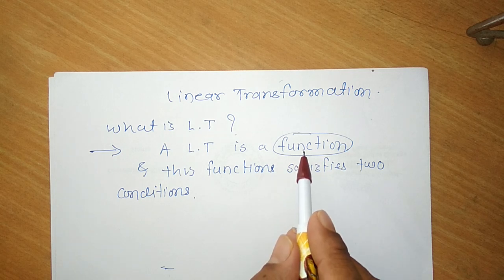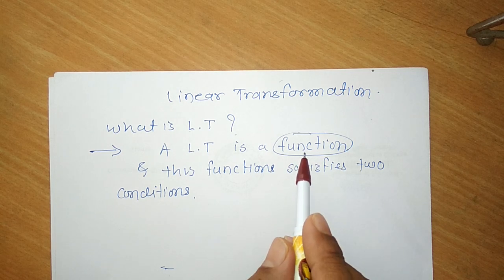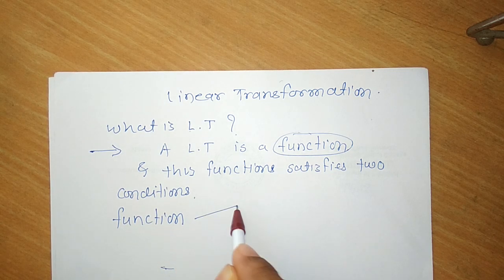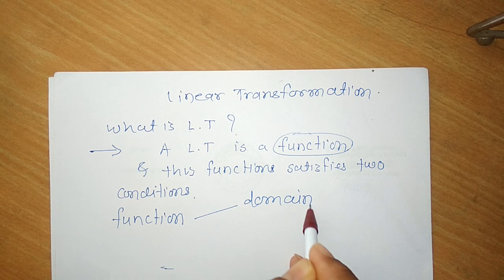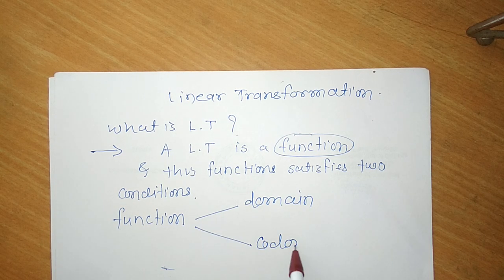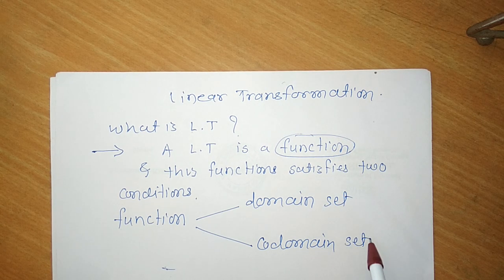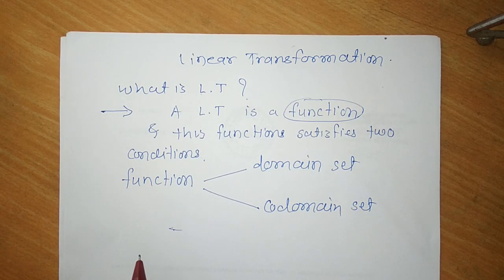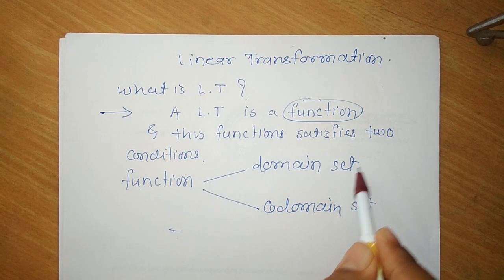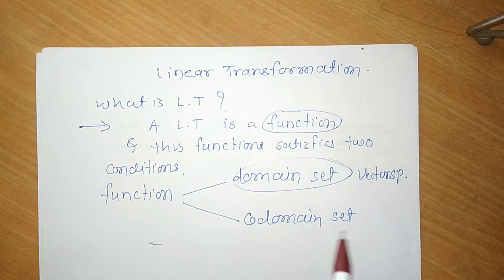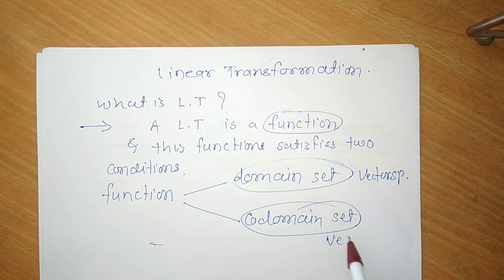First, everybody must know that a function has a domain set and a codomain set. In a linear transformation, the domain is a vector space, and the codomain is also a vector space.